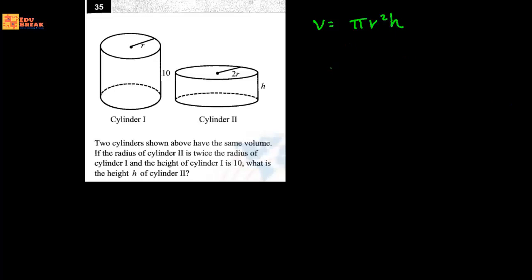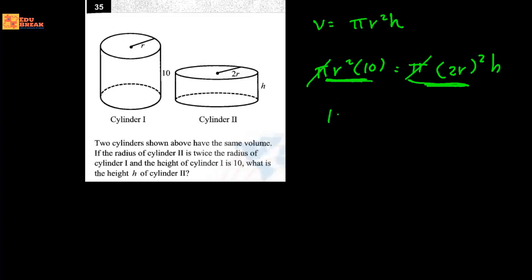So we have for the first cylinder pi r squared times 10 equals pi times twice the radius, 2r, whole squared, times h. This is for the first cylinder, which has height equals 10, and this is the second one, which has twice the radius. So cancel pi with pi.